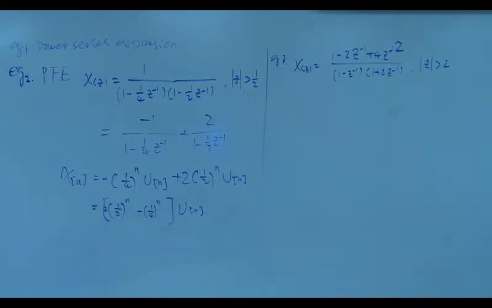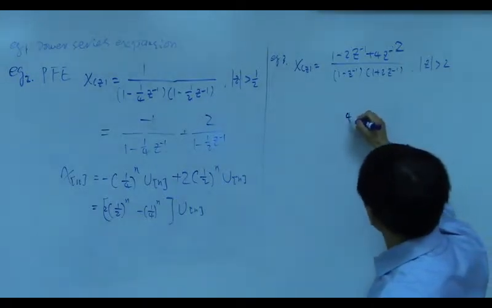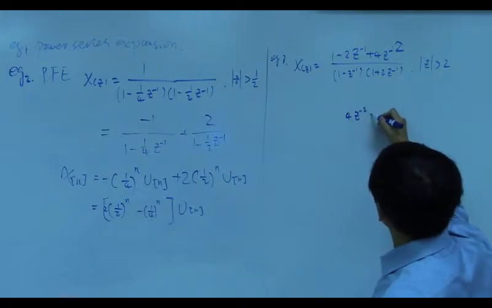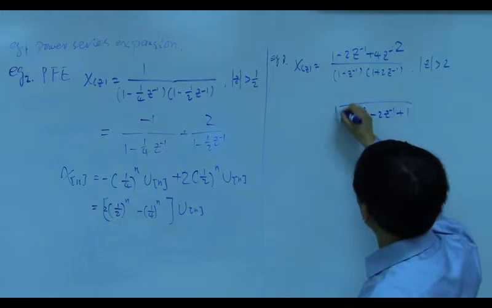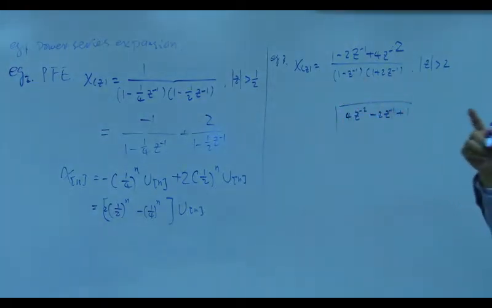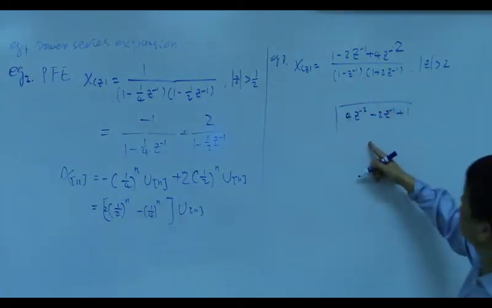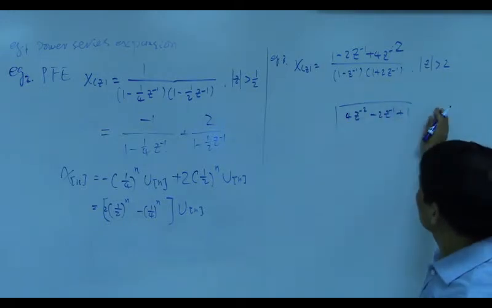The long division, so here is the key. I use 4z to the negative 2 minus 2z plus 1. I need to use it this way, and divide by this times this.